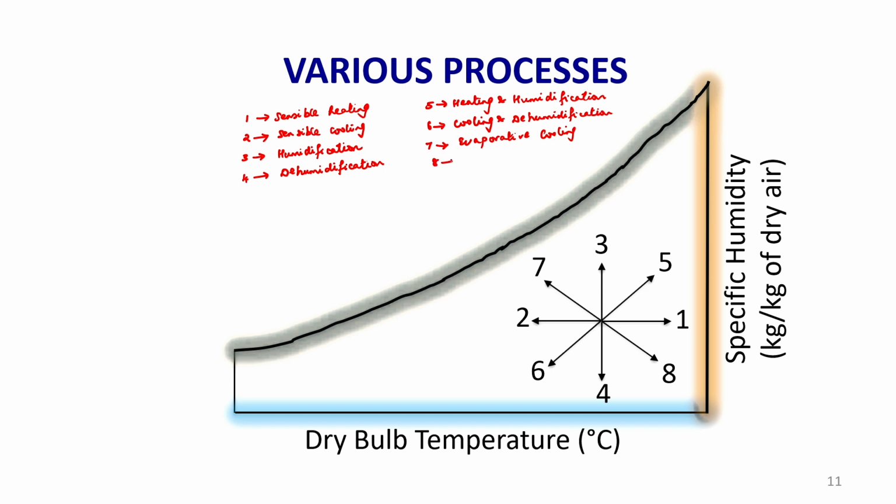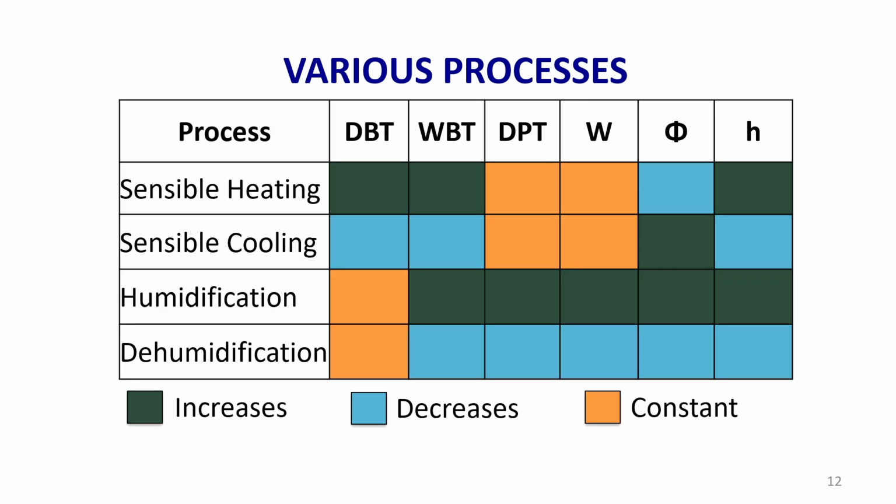And 8 is just opposite to 7, which is chemical dehumidification, with capital letter D. So, it is like a wheel, where we can represent all the 8 processes which you have seen. Okay. So, now I have prepared a table comparing all the 8 processes, which are all the property changes.